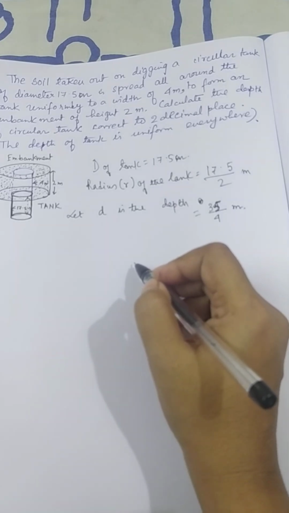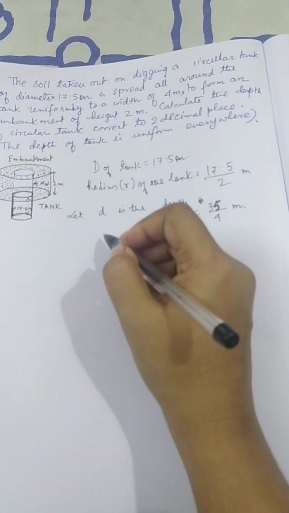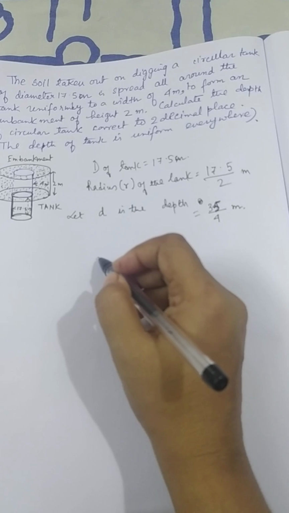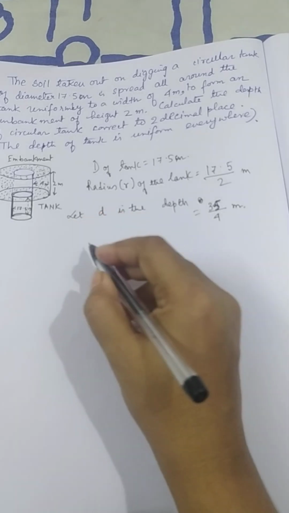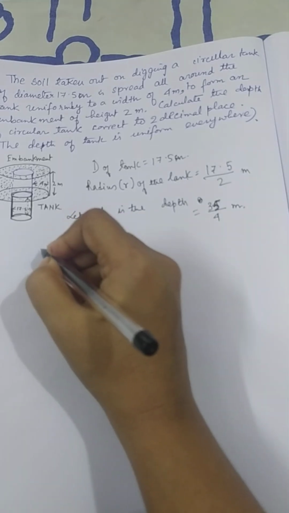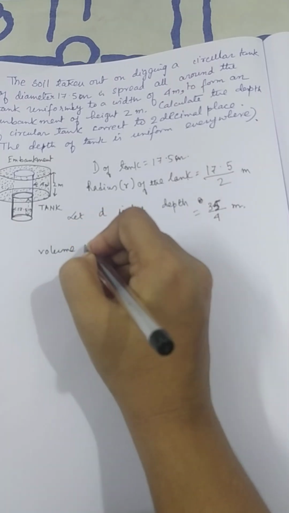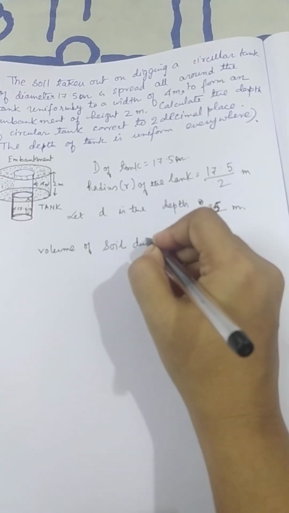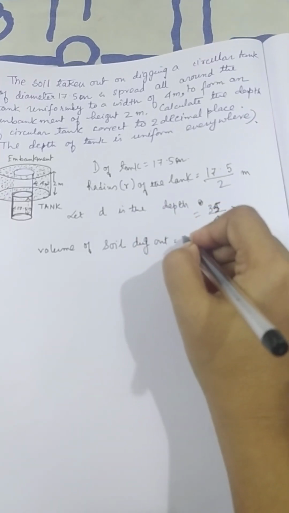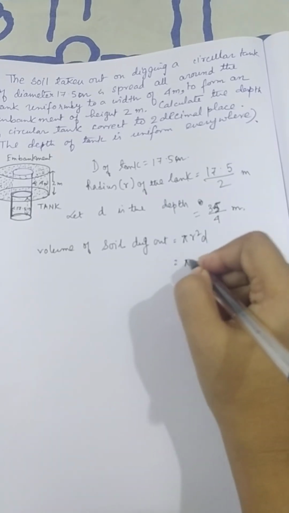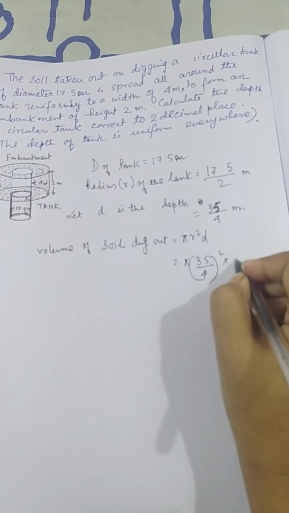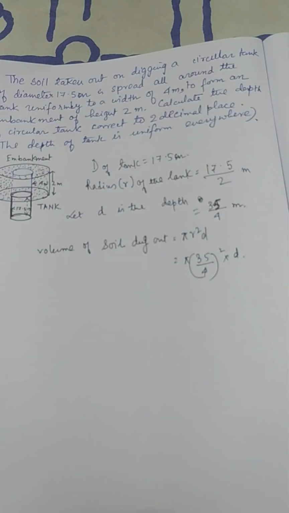So, obviously the volume of the soil that is dug out will be pi r square h, here D depth, as it is a cylinder. So, volume of soil dug out is pi r square d. So, pi r is 35 by 4 whole square, and d we don't know, that is meter cube, right?